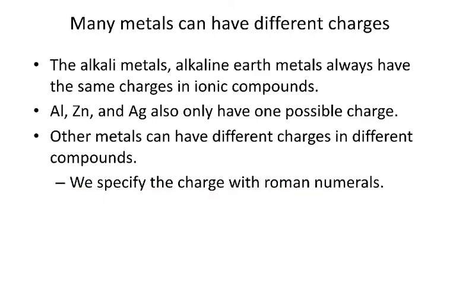For example, if I have iron with a +3 charge, I would write it as iron with a Roman numeral 3, and in words I would say iron 3. Or if uranium has a +6 charge, I would write that as uranium with 6 in Roman numerals.